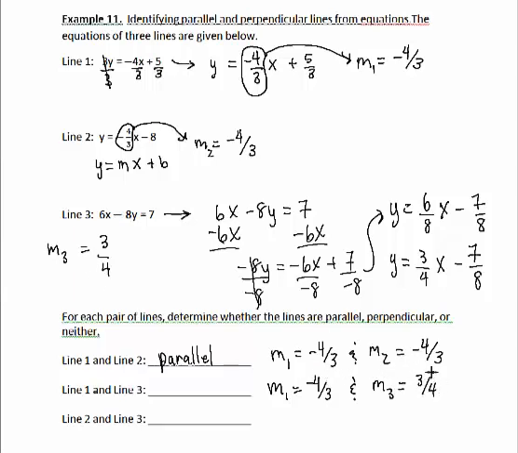If you compare the two fractions, then you can see that the 4 and the 3 have been swapped, and the numbers change signs from a negative to a positive. So these are negative reciprocals of one another, which tells us that these two lines, 1 and 3, are perpendicular.